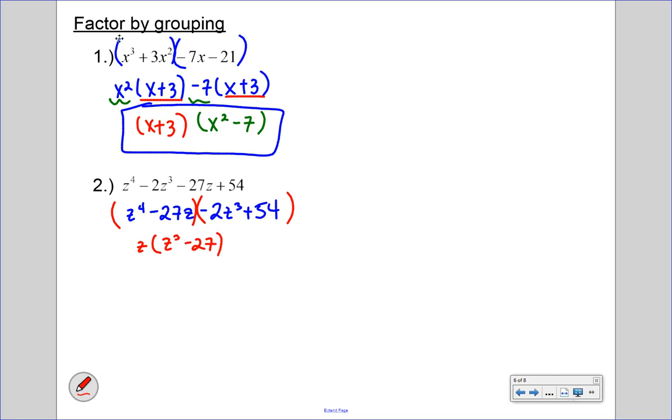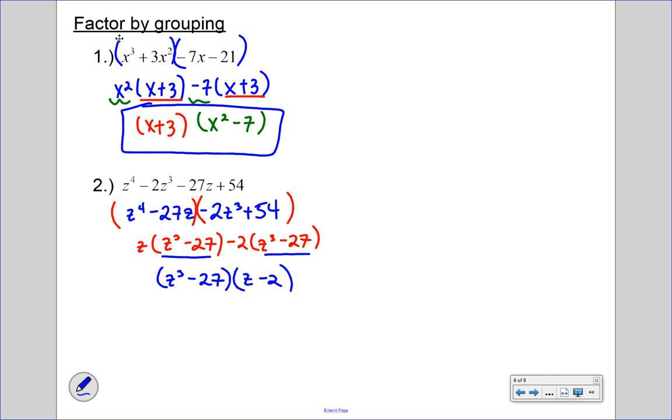And then from this one, I factored out a 2, and I got z cubed minus 27. So sometimes you have to rearrange these terms and just try to factor out your common monomial. And whenever you get those same two factors, then you can group them together. So we can say z cubed minus 27 times z minus 2.